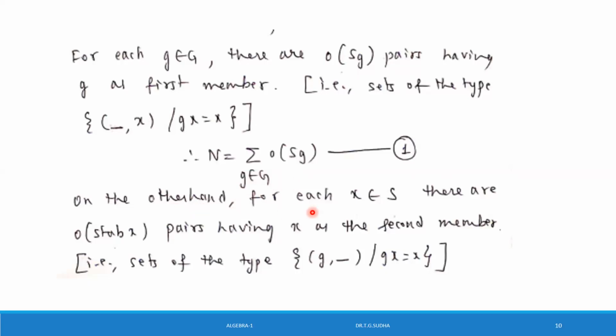On the other hand, here we took for each G, that is the first element in the set T. Now let us take for each x where x is the second element in the set T. There are order of stab x pairs having x as the second member. Since gx is equal to x, this G definitely belongs to stab x because it fixes x.